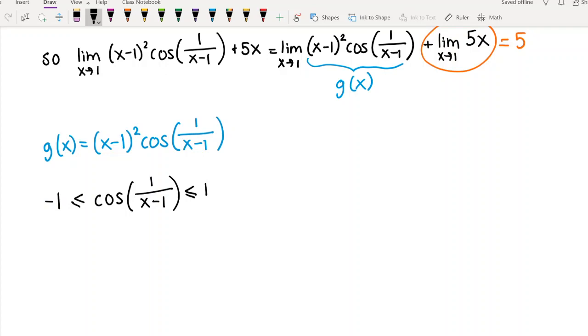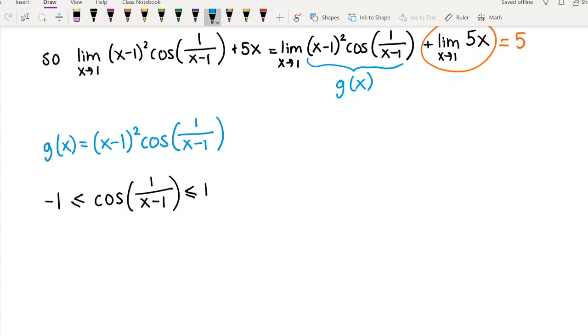So in this case, the function that we actually want to compare with is not just cosine of 1 over x minus 1, it's x minus 1 squared times cosine of 1 over x minus 1. Just like how in the last example we took this entire thing and multiplied it by x squared, in this case we want to multiply it by x minus 1 squared.